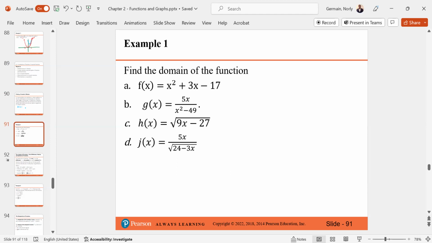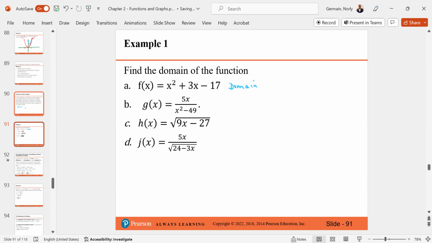For every real number x, the algebraic expression x squared plus 3x minus 17 represents a real number. The domain of f is the set of all real numbers.